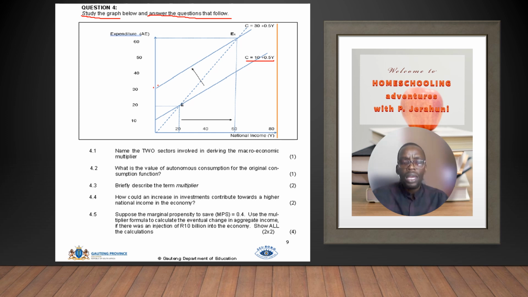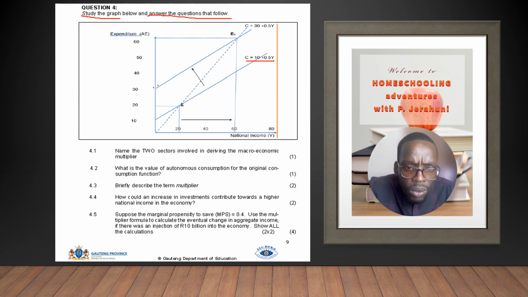Well done. You can also see that the consumption function is shifted from the first one to the second one. At first the autonomous was 10, now autonomous is 30, and the induced remains 0.5 of the income. That's fine.